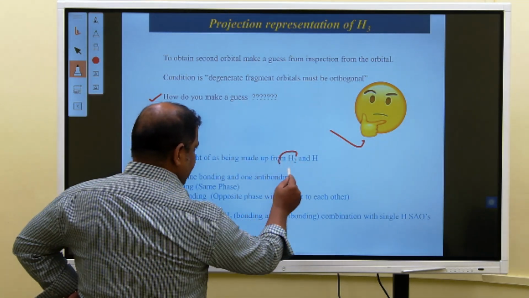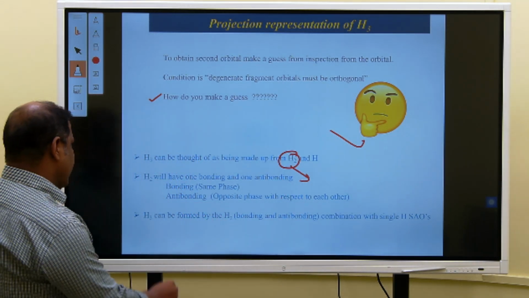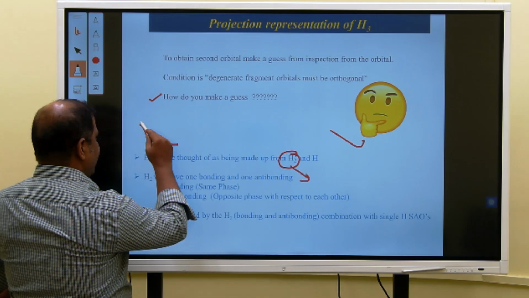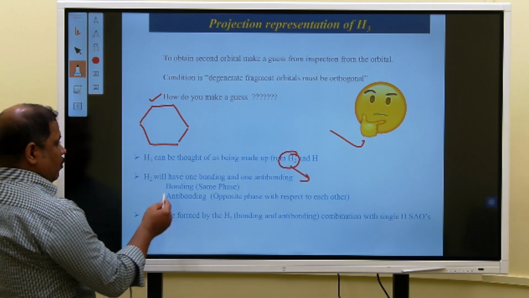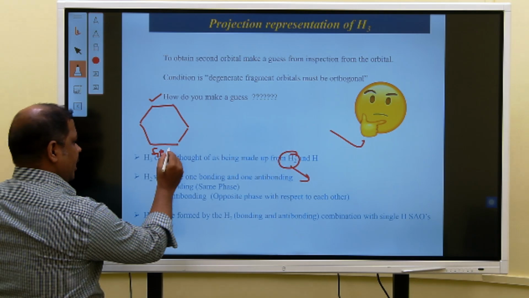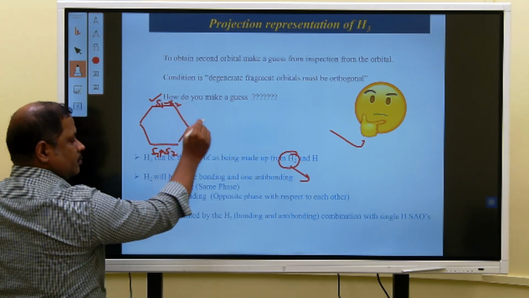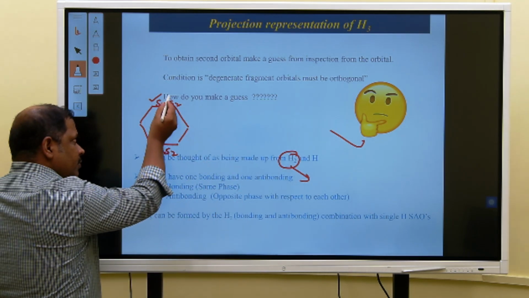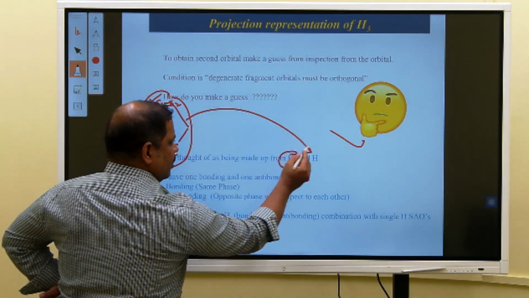What I am trying to say is that if you try to fix up the MOT of H2, what are you going to get? Simple bonding and anti-bonding. Right? Now, if I write this as S1 plus S2, then this will be S1 minus S2. If this information is going to mix up with this, what are you going to get?